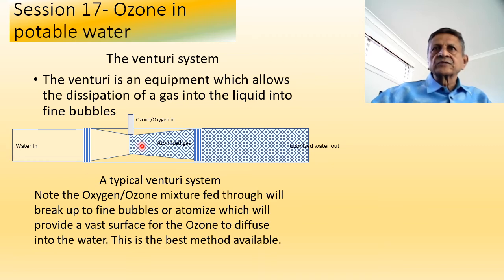This venturi is also used to create fine oxygen bubbles in this area throughout, so that the surface area of the oxygen bubbles will be high. The total surface area of all the oxygen bubbles will be very high, so that infusion of the ozone into the water is facilitated and increased.